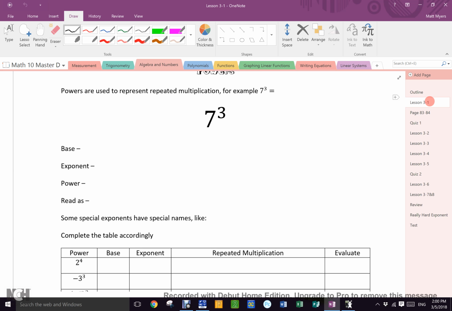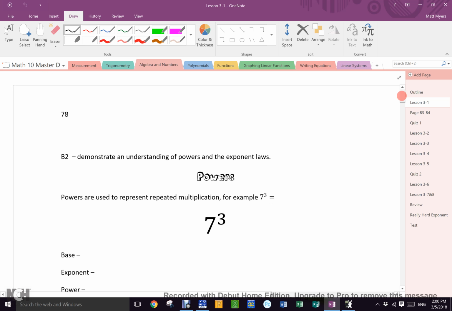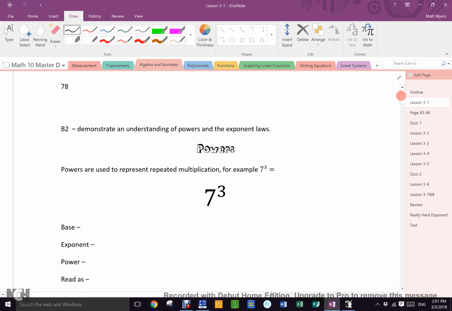Moving it along to page 78. Okay. Now, everything we are going to do for 80% of the next 2 days is review for all of you. The only difference is, technically, in grade 9, you only had to deal with exponents of actual numbers.